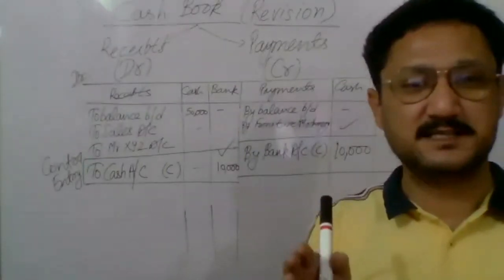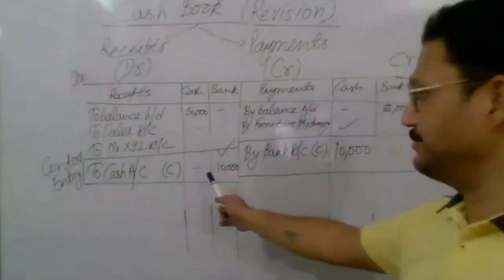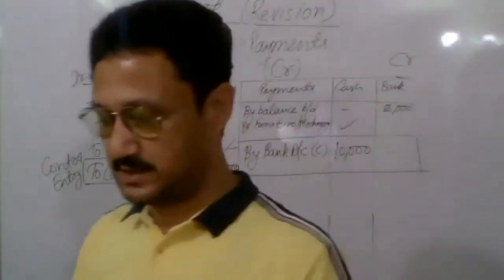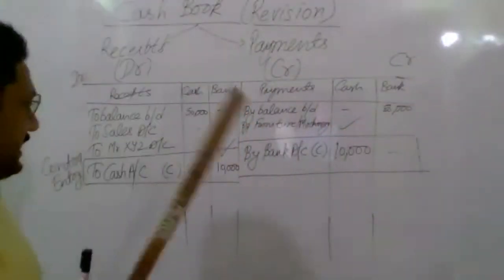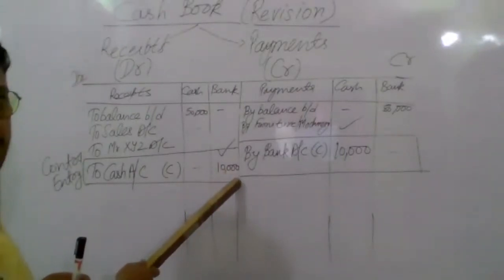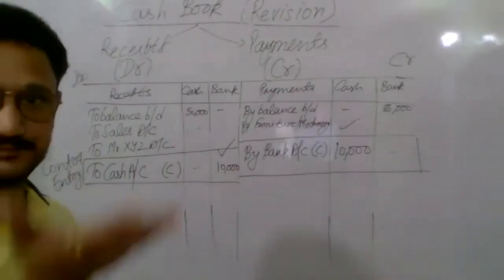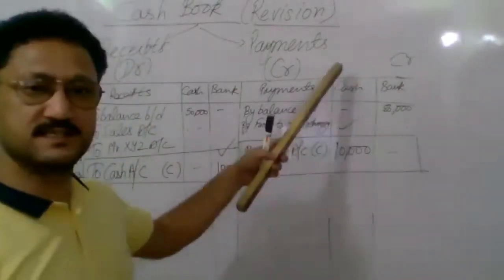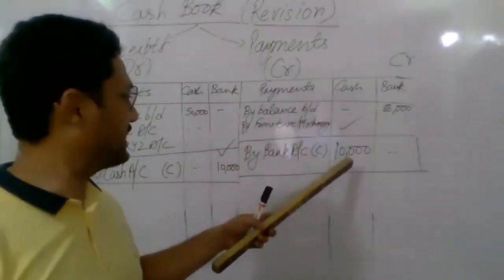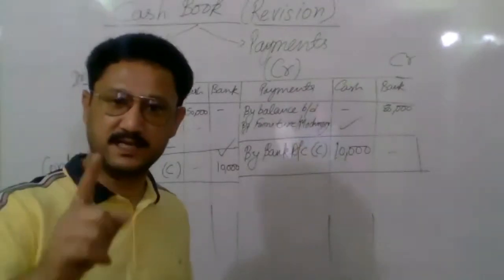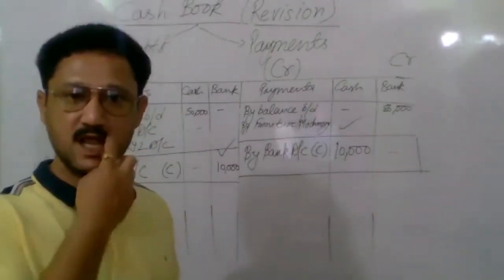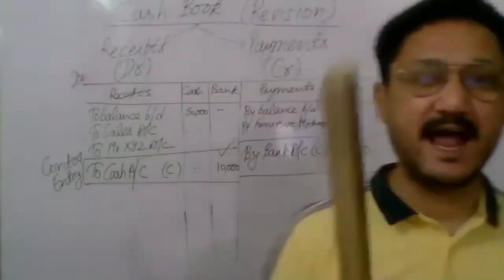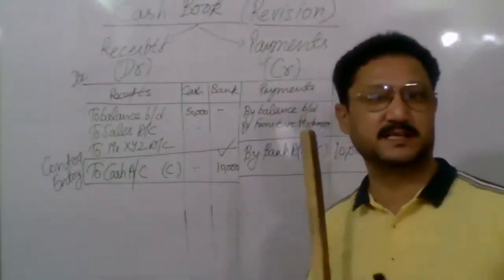Simultaneously means at the same time, on the same day, the amount in the bank is increasing, whereas the cash in the office is decreasing.